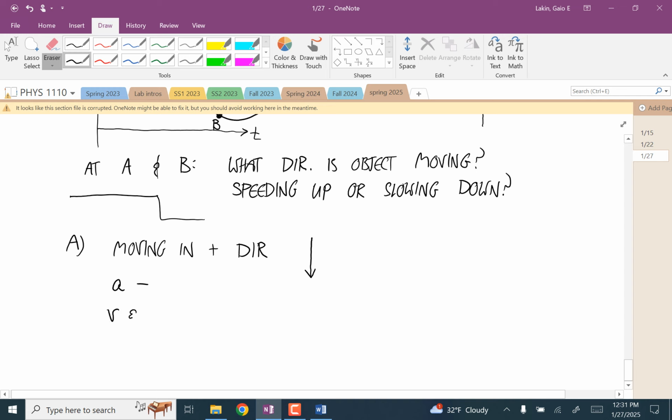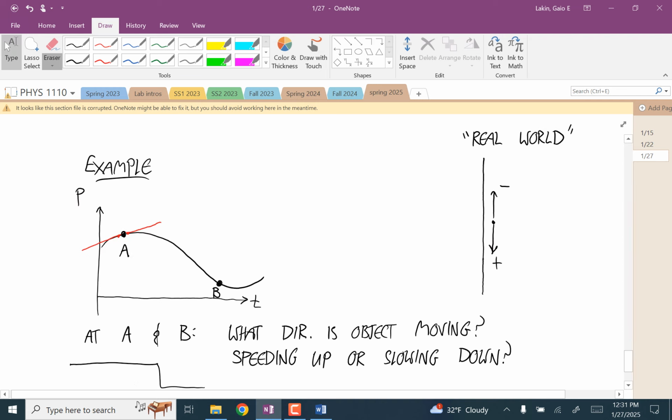The velocity and acceleration have opposite signs. So it's slowing down. So at this instant, this object is moving down and slowing down, you know, like braking or whatever.